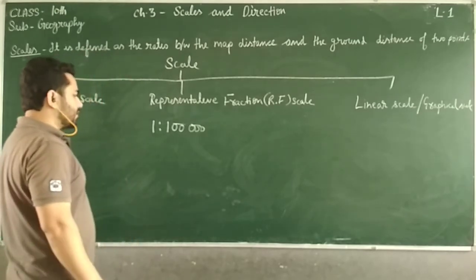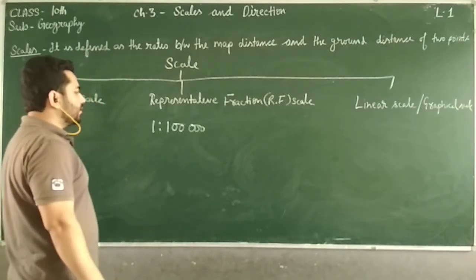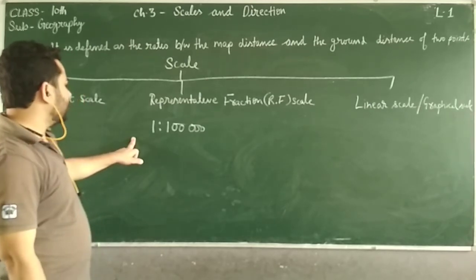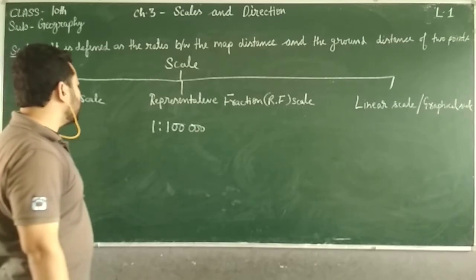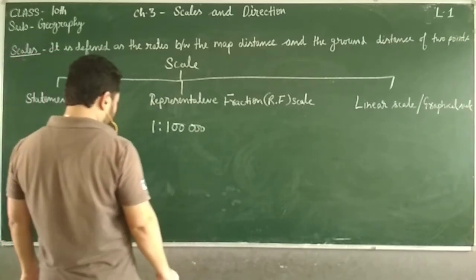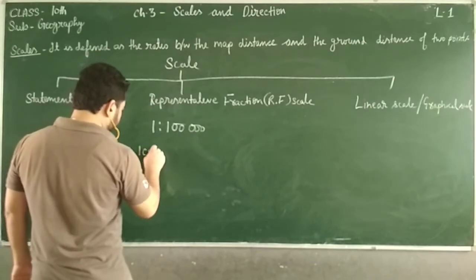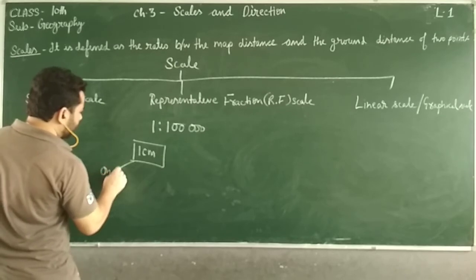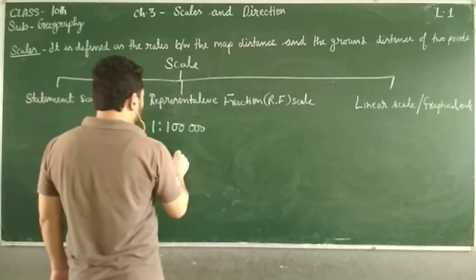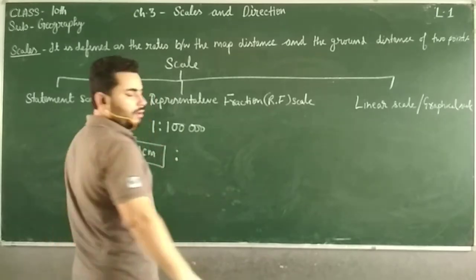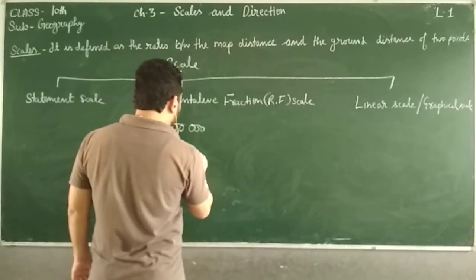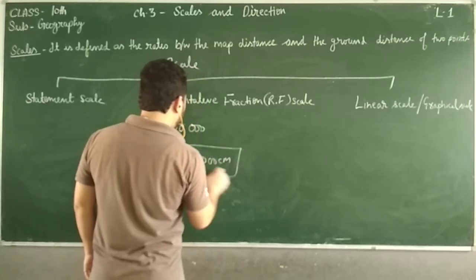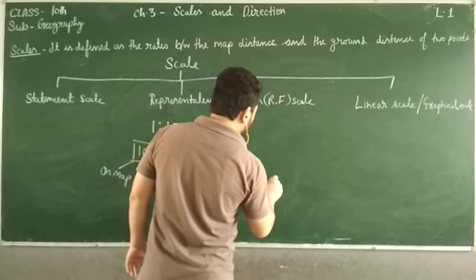Suppose we have a map of Raisatti, and we measure the distance between the Raisatti Kotwali and Blooming Words School. If it is coming 1 centimeter on the map, then on the ground it will be 1 lakh centimeter. This is the actual distance on ground.